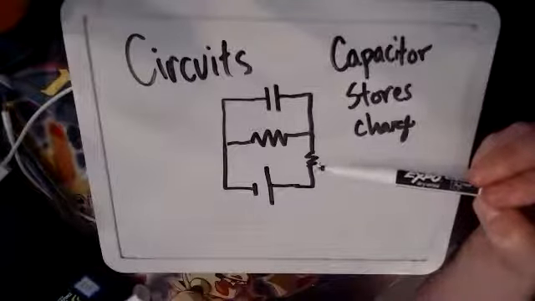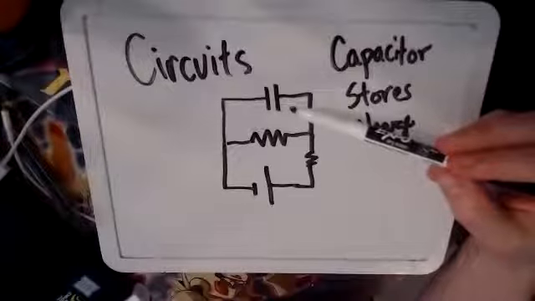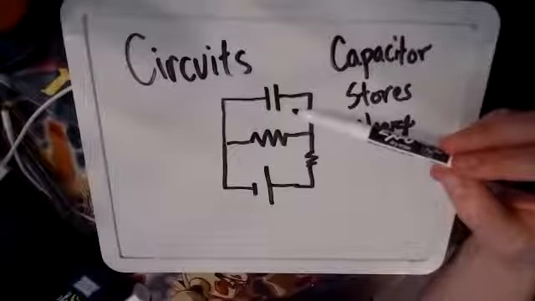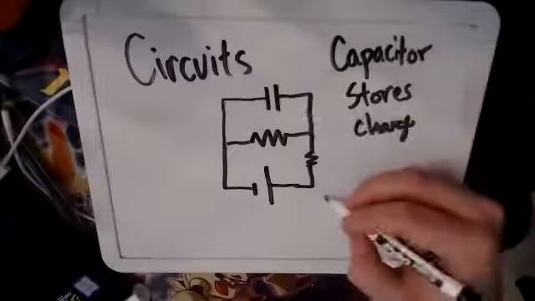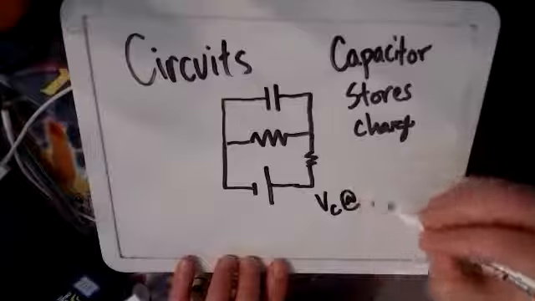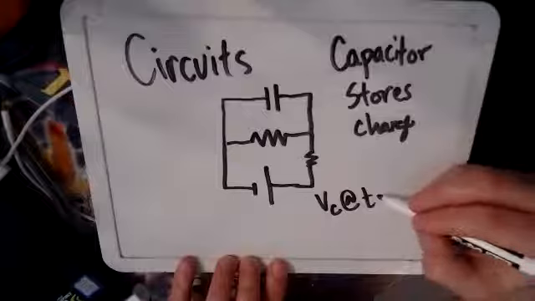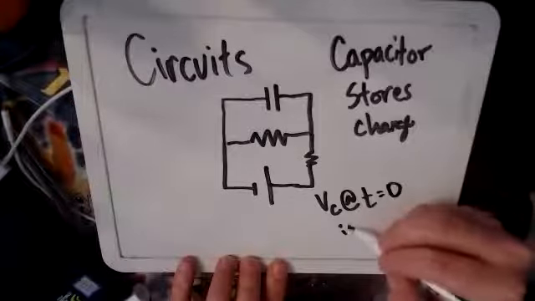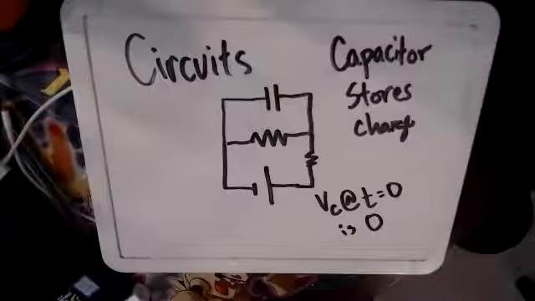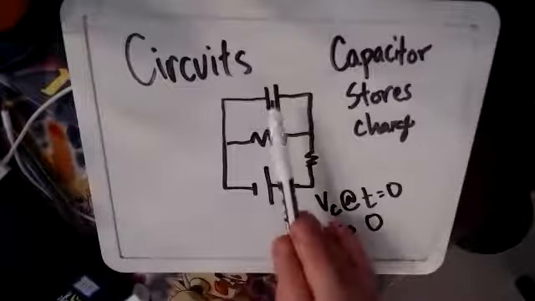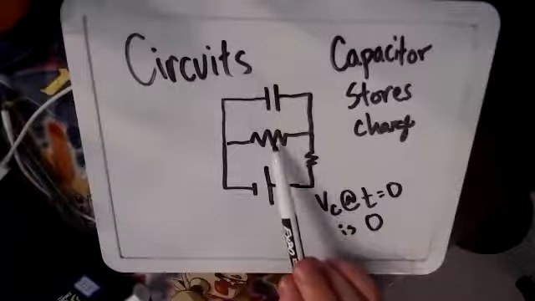What you have to be aware of is initially, there are no volts located in it. Why are there no volts located in it? Because no current has had a chance to get there yet. So initially, the voltage in the capacitor at time equals 0 is 0. However, after a long period of time, the amount of voltage in this would be equivalent to the amount of voltage that is located here.